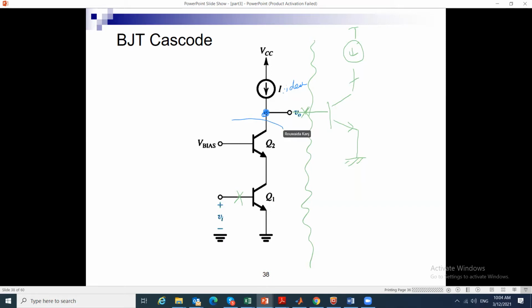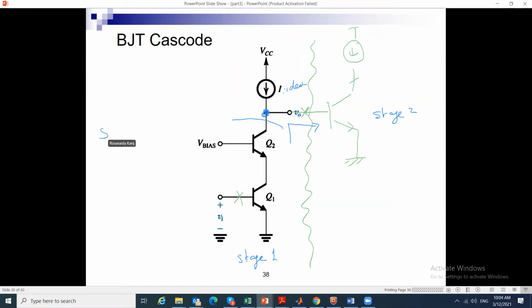We're going to look in this direction and see what is the load that we see due to this stage 2. And if the current source is not ideal, we will put that in parallel with the load coming from stage 2. So what is the resistance that will load stage 1?